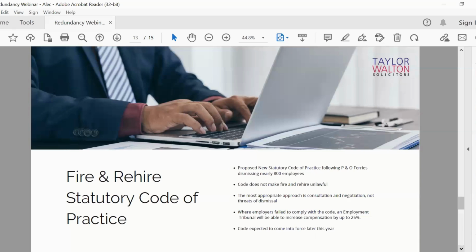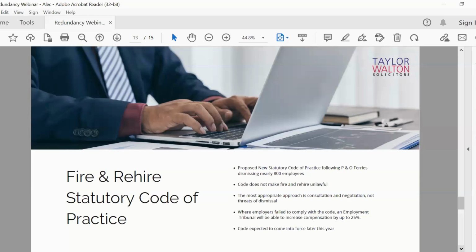What is new is where the employer fails to comply with the code, the employment tribunal has the ability to increase the compensation by up to 25% for each employee affected. And as I say, the code is expected to come at the end of the year.